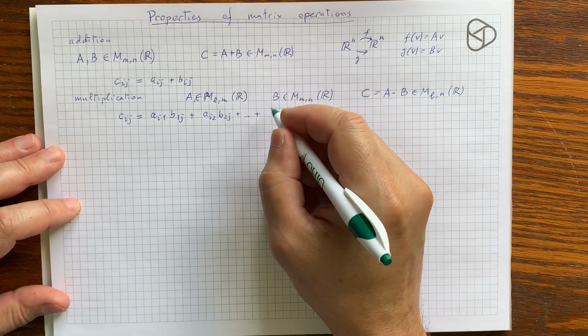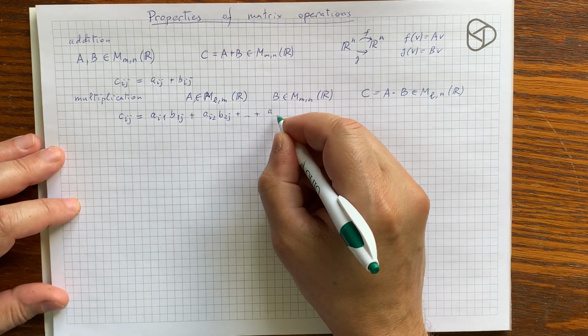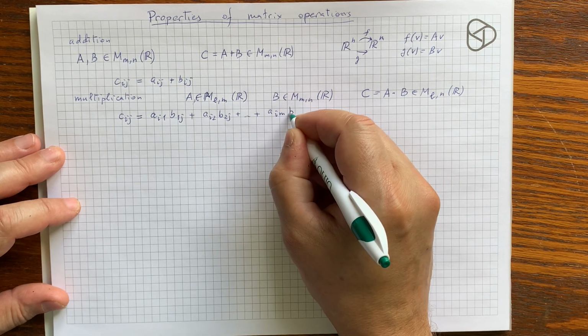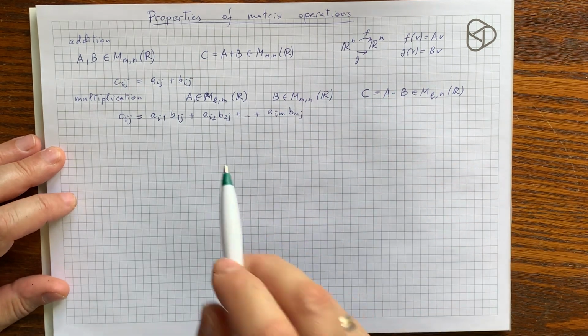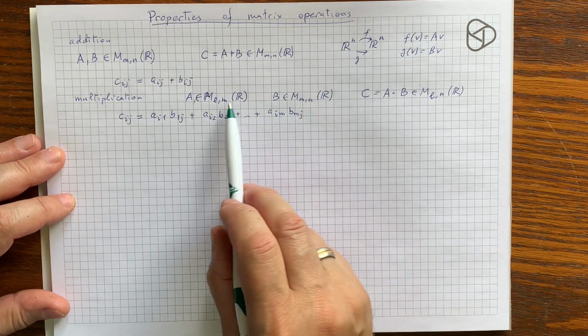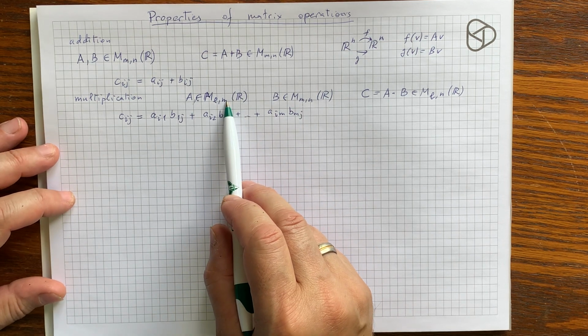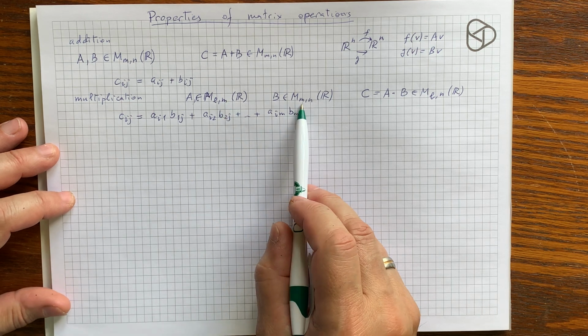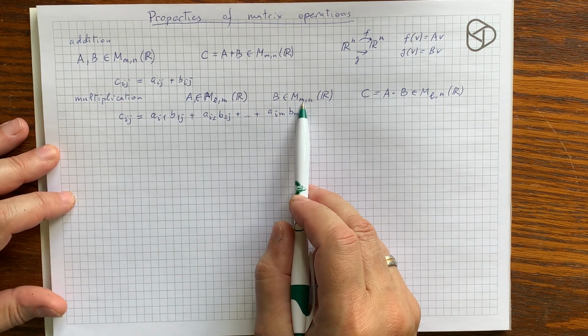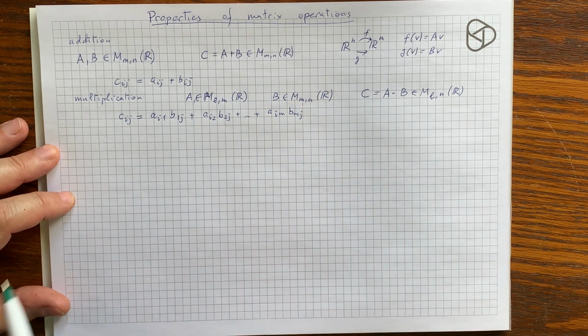And take the sum of all these products. So that sum makes sense exactly because of this restriction that the number of elements in any row, the number of columns, is the same as the number of elements in any column of the second.